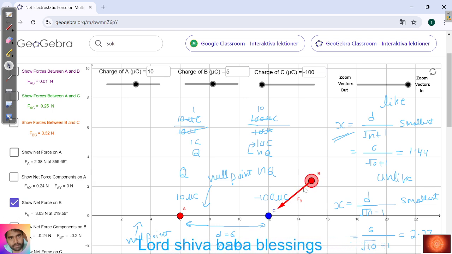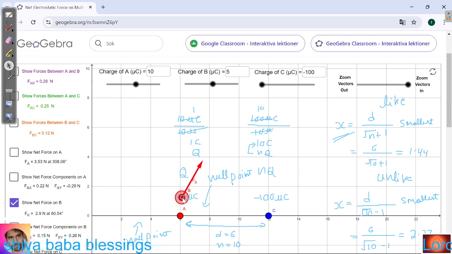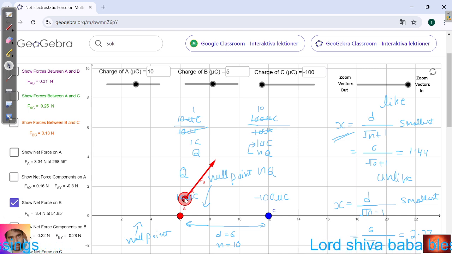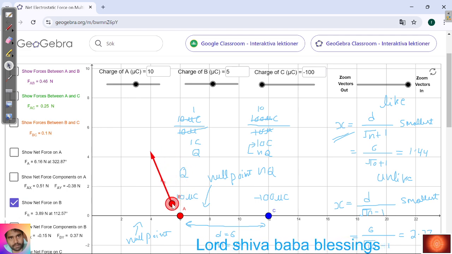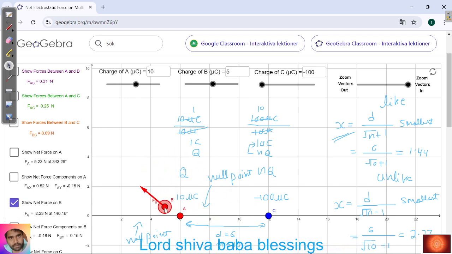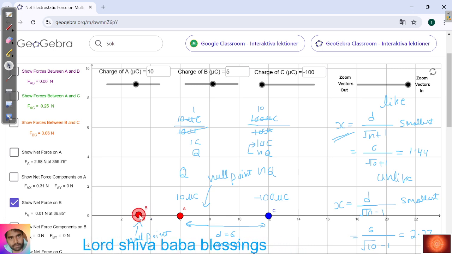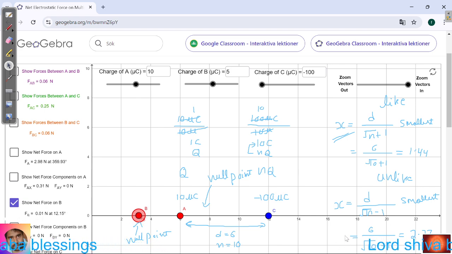The arrow pointing inwards exhibits the attractive force, whereas if you come over here, the arrow is pointing outwards, it is exhibiting repulsive force because this is positive charge and this is positive charge. So where will you find the null point? Exactly at 2.77, which we have calculated using this formula. I hope you have understood the concept of null point very clearly.